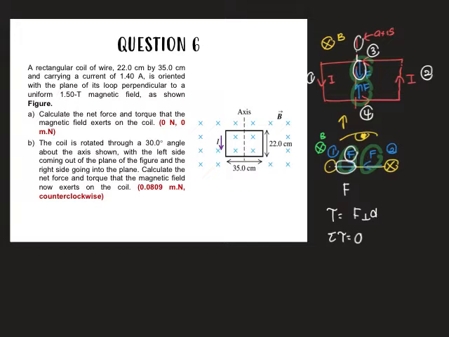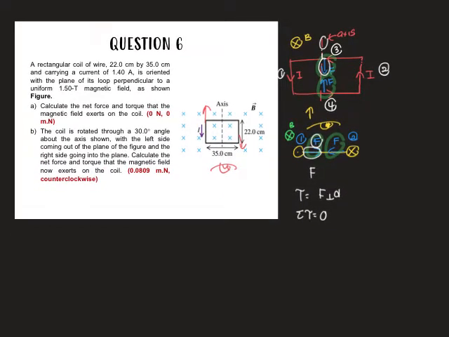For question B, the question says the coil is rotated through a 30-degree angle about the axis shown, with the left side coming out of the plane and the right side going into the plane. So this one is going up and this one is going down. For example, if I look at this direction, my diagram is going to be like this.